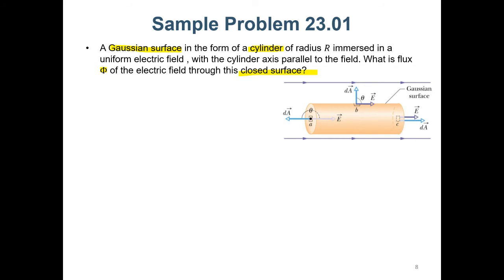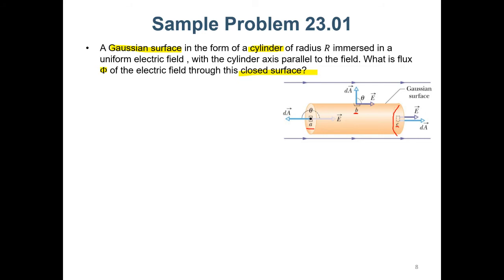For the left side, we call this one small a, and for the side, we call it b. And for the right side, we call it c. Now the E field is pointing to the right side.